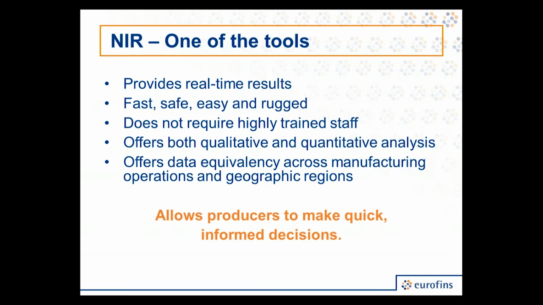It's safe, it's reliable, and it rapidly analyzes raw materials, in-process materials, and finished products, providing real-time results. NIR allows producers to make quick and informed product adjustments, giving them tighter control over the manufacturing process.